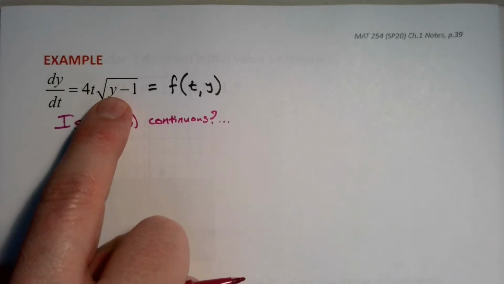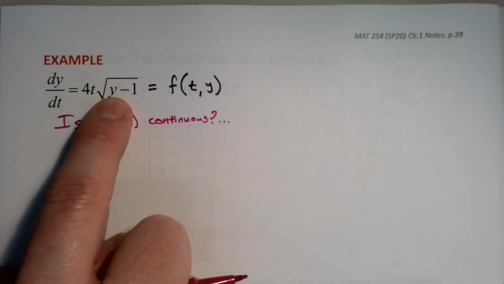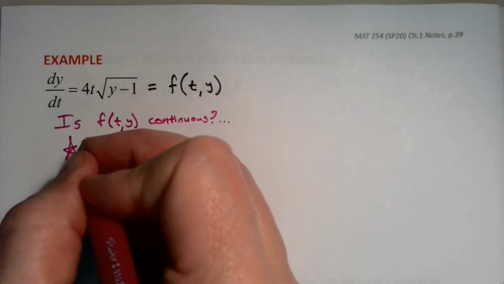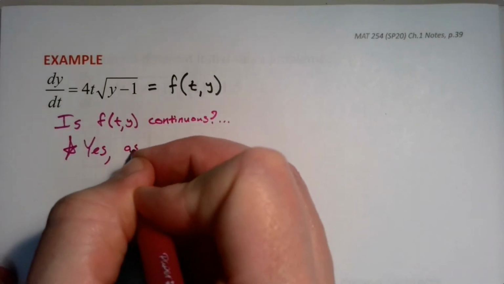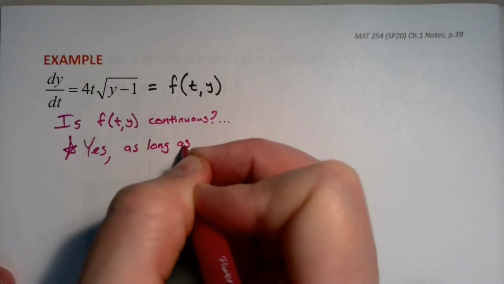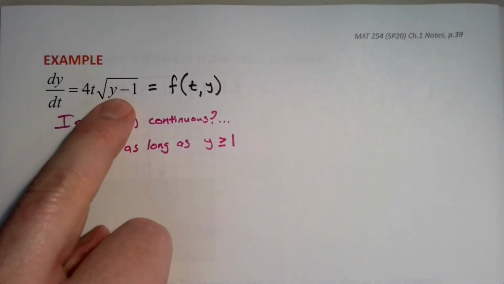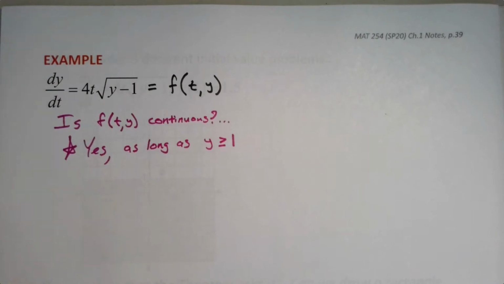If y is anything below 1, then we have some problems. So we would say to this, yes, as long as y is greater than or equal to 1. Because you can take the square root of 0, but taking the square root of negatives, that gets us into complex number territory, and we're not ready for that yet.